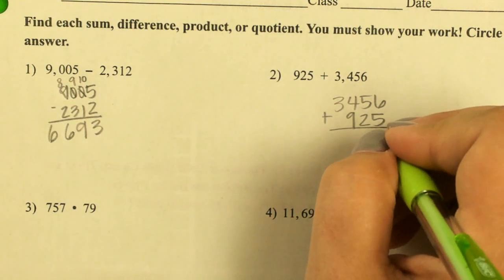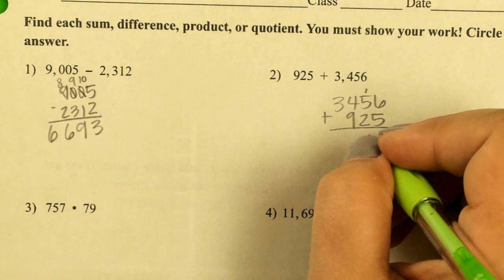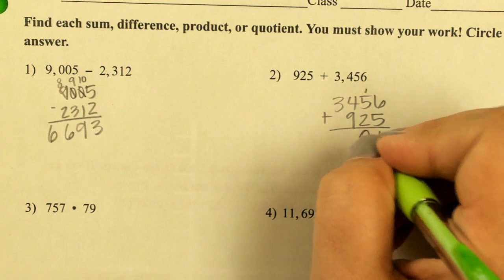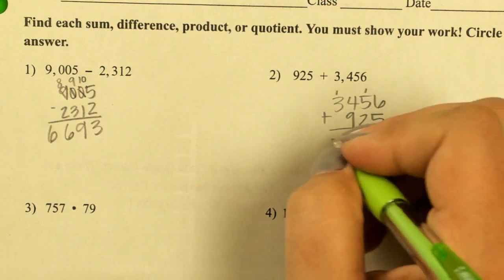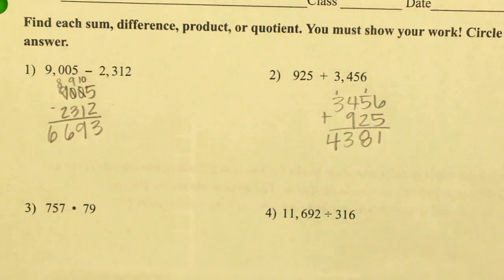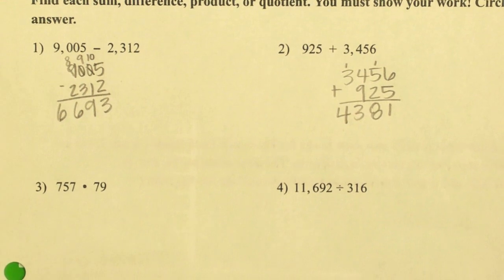What's 5 plus 6? 11. 5 plus 2? 7 plus 1 is 8. 9 plus 4? 13. And 3 plus 1? 4. 4,381. You good? Okay. If not, stop me because I'm working these with you. I can make mistakes too.